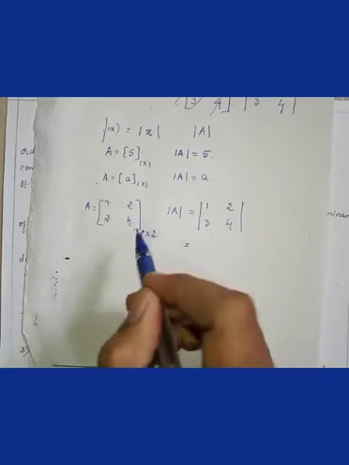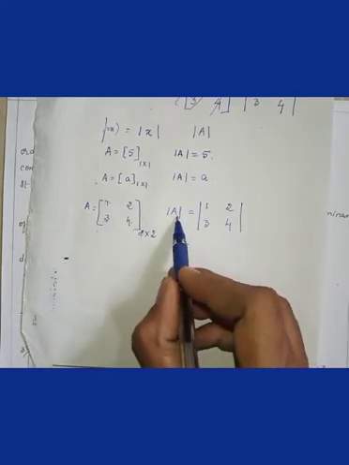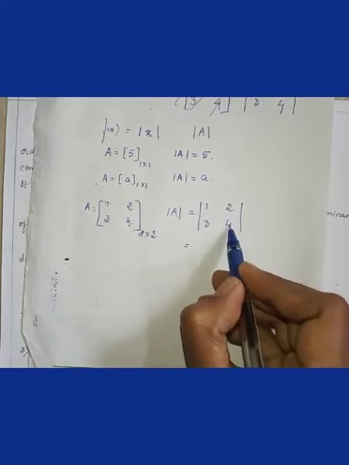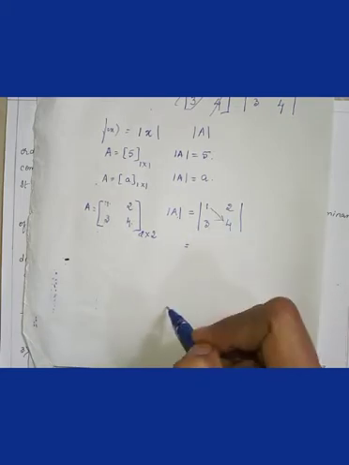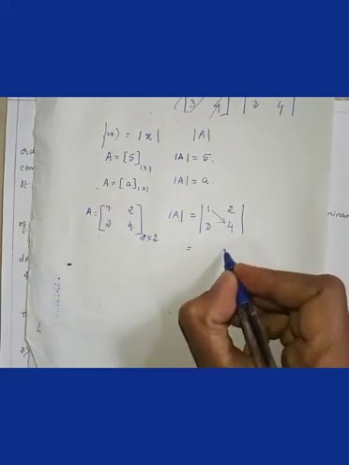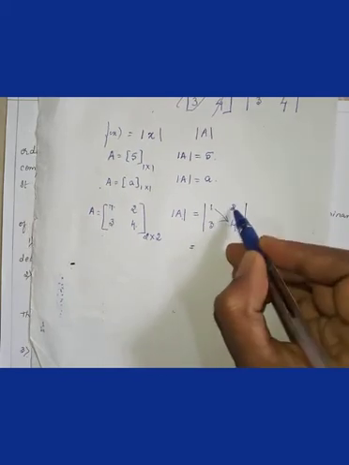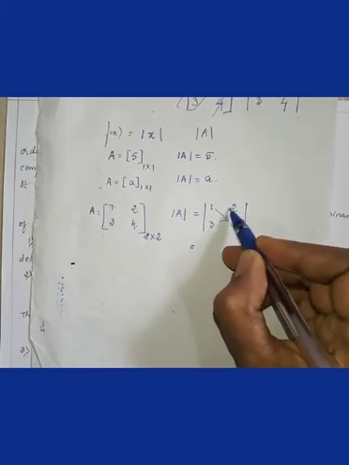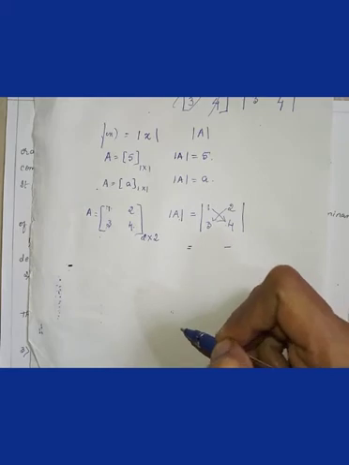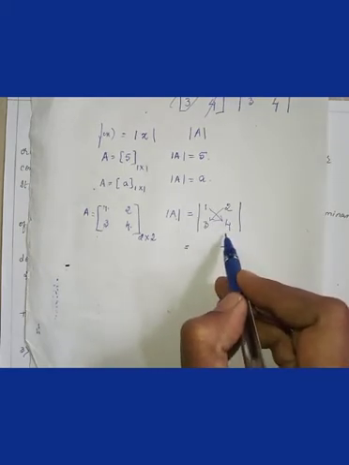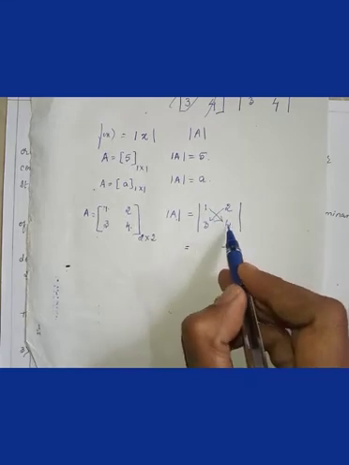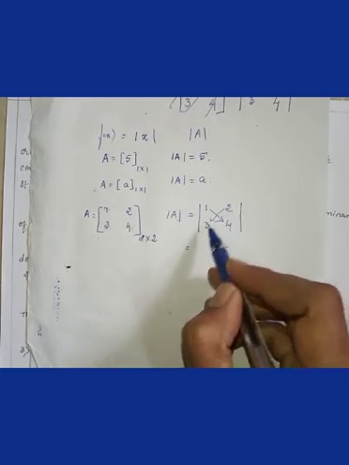So determinant A is first multiplying the diagonal entries, minus multiplying the non-diagonal entries. Evaluation of a 2 by 2 determinant is: first multiply the diagonal entries, minus the product of the non-diagonal entries.